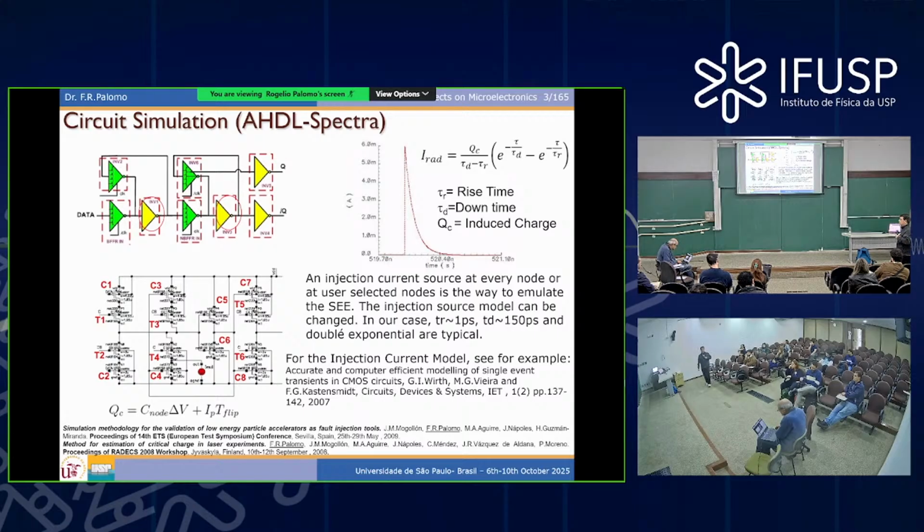The connection between electrical or electronic design and the nuclear physics is just that. One of the first publications and studies about the injection current was made here in Brazil by Fernanda Kastensmidt and Vieira. I guess they are in Rio.